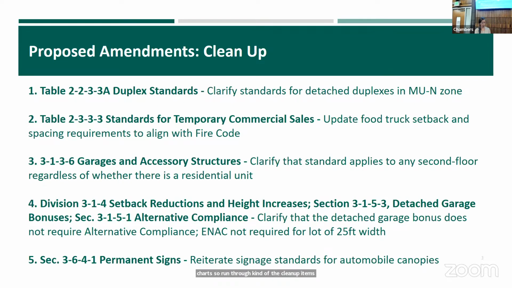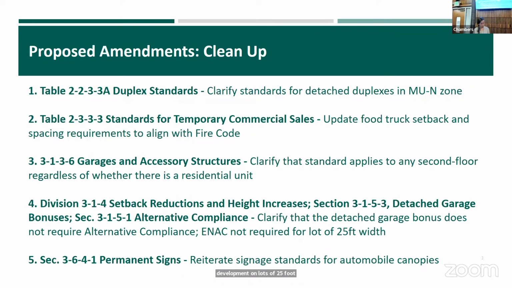Number 1 clarifies the standards for detached duplexes in the mixed-use neighborhood zone. Number 2 updates food truck setback and spacing requirements to align with the fire code. And number 3 clarifies that the standard applies to any second floor, regardless of whether there's a residential unit in the structure. Number 4 clarifies that the detached garage bonus does not require alternative compliance, nor does development on lots of 25-foot widths.